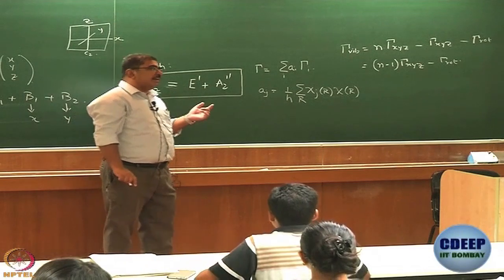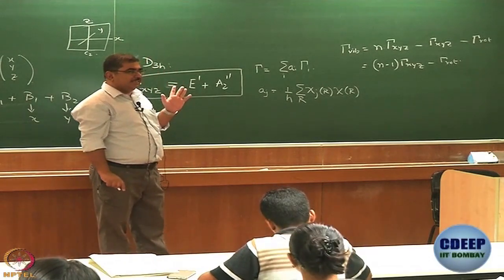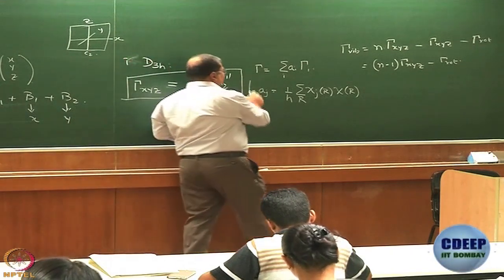Chi j of r is the character of r in the jth irreducible representation. Okay, this is our working formula.